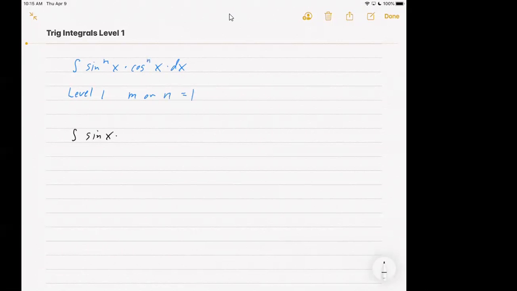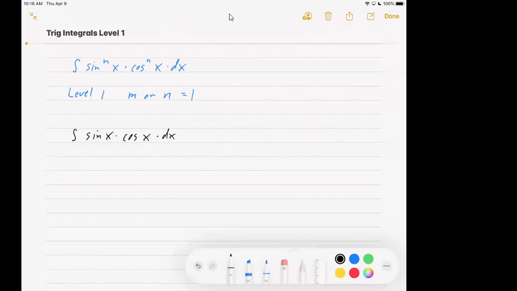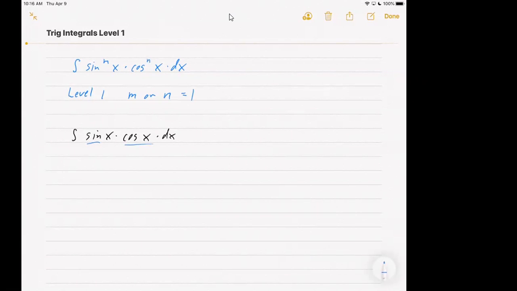If I simply write this, let's go ahead and figure out what this would be. All we need to do is our former method of u substitution. Now we have a choice. There's complete symmetry here. We could either let u be the sine of x or let u be the cosine of x.